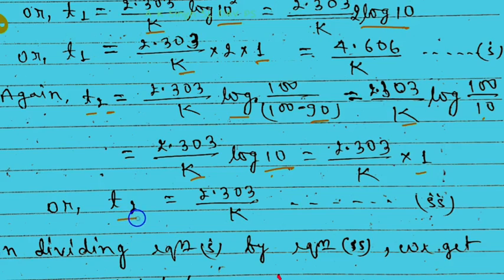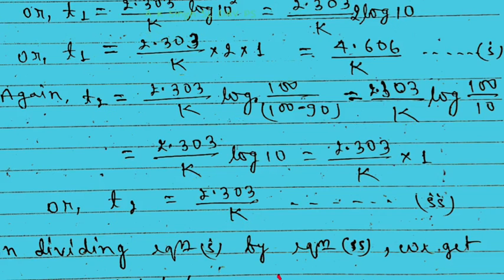Or t2 is equal to 2.303 by k. Suppose it is equation 2. t1 is equal to 4.606 by k, equation 1, and t2 is equal to 2.303 by k, equation 2.